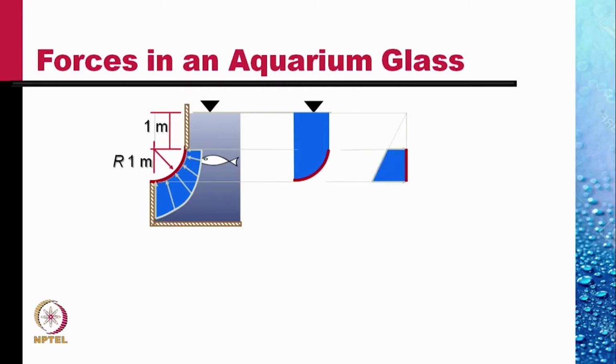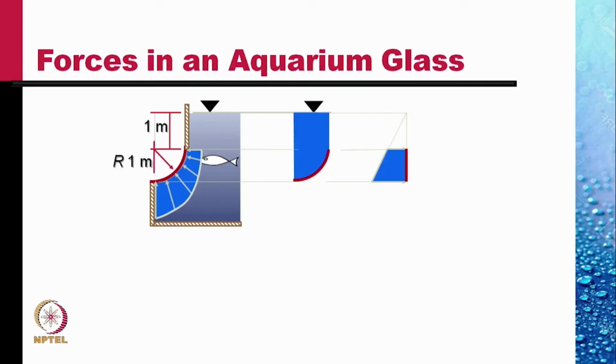And the horizontal force would be equal to the horizontal force on the vertically projected area of this window. The vertical projected area, of course, would be a rectangle of height 1 meter. And so it would be the pressure at the centroid of this projected area, which would be 1.5 meter from the free surface.